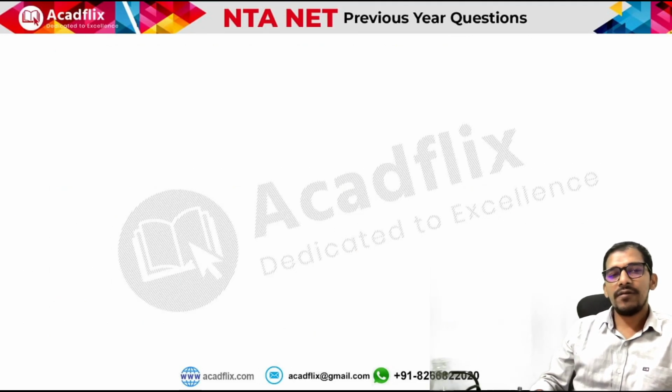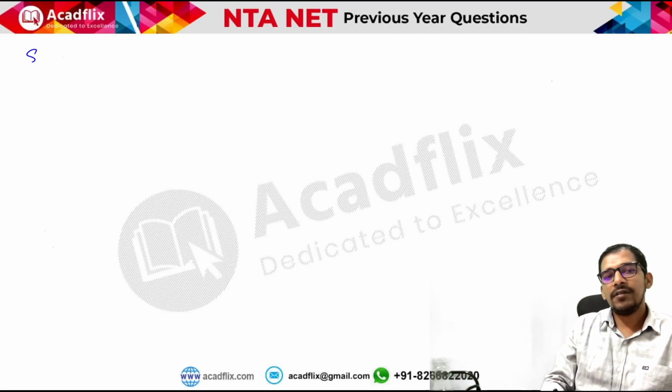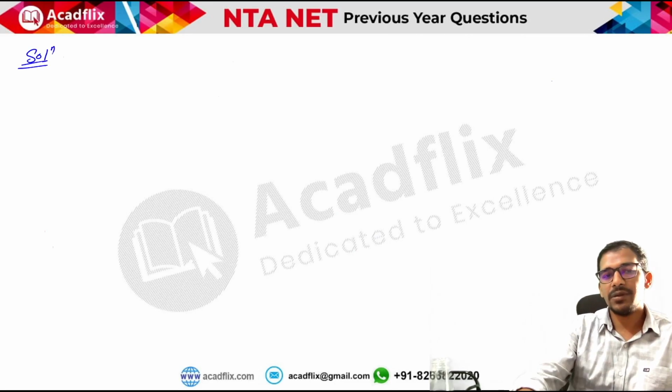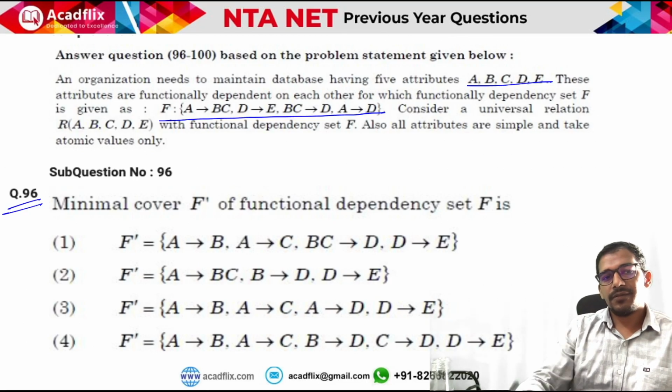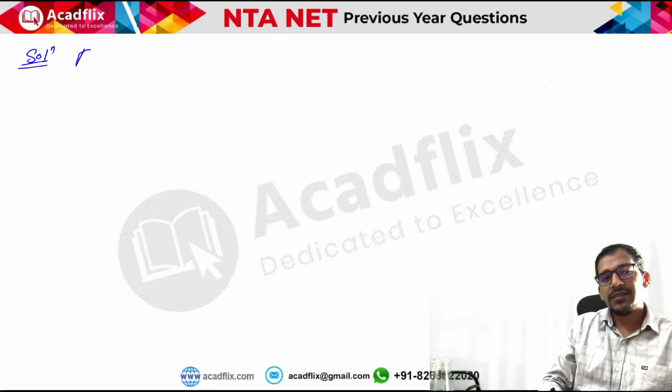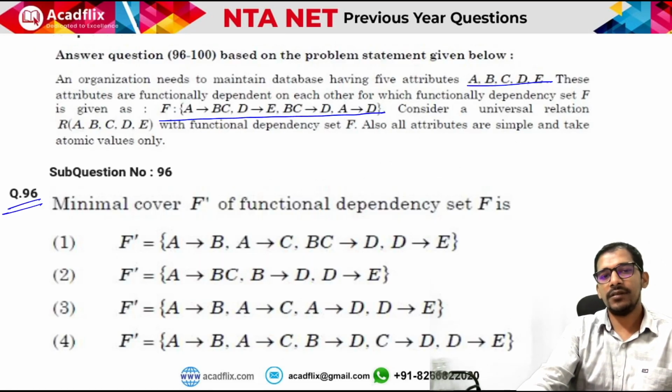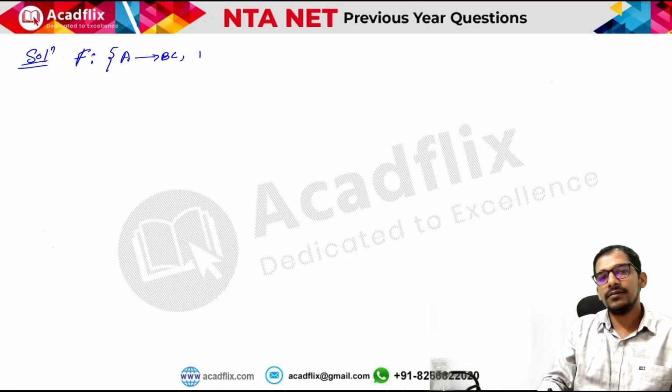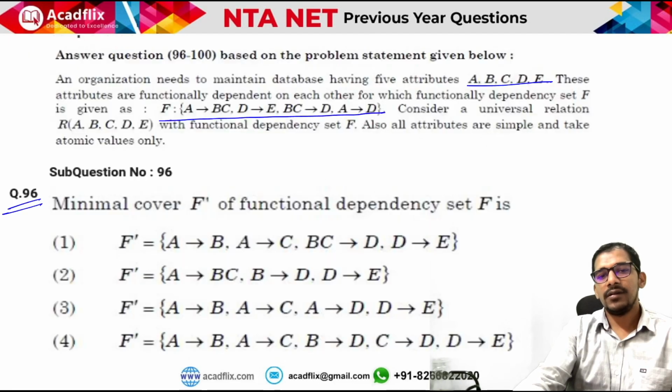So let us see how to find the minimal cover, which we have already covered in our lectures in DBMS. So the set of functional dependencies we have: A tends to BC, then D tends to E, and then BC tends to D and A tends to D.